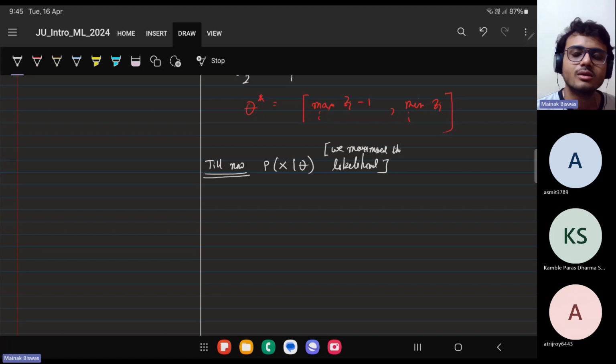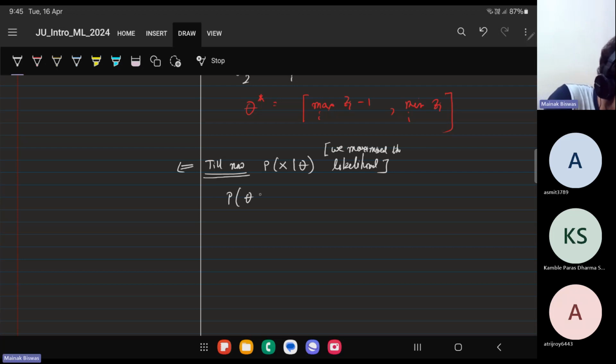But there is a problem with this formulation. Can you tell me? It's the same as the Sally-Clark problem we discussed last time. What is your objective? Your objective is to infer theta given x, isn't it? You want to learn the parameters, given data.